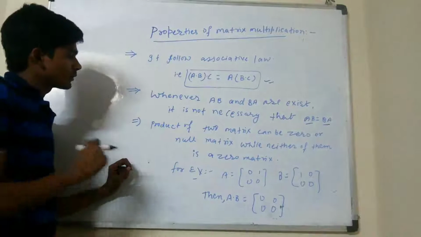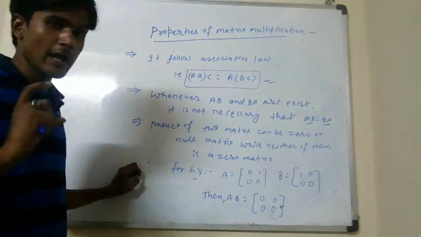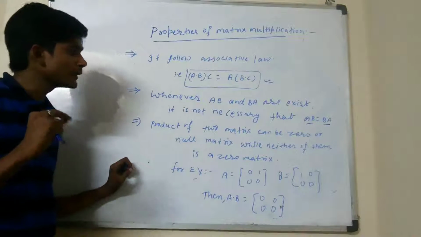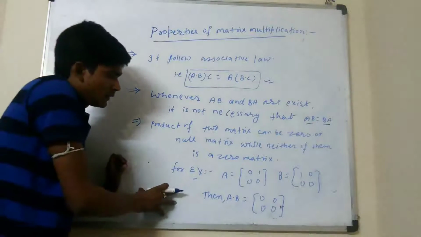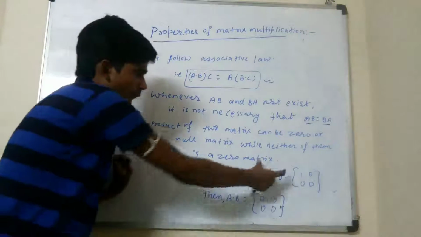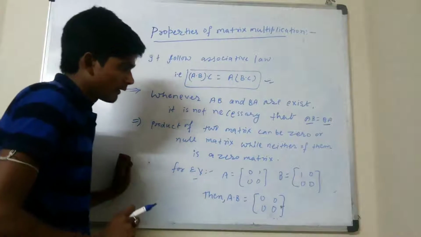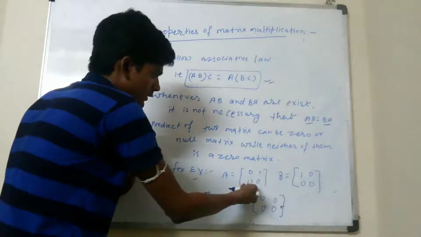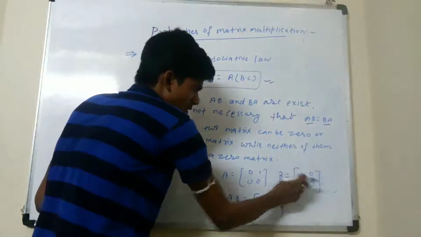Now the third one: the product of two matrices can be a zero or null matrix even if neither of them is a zero matrix. You can understand this from this example. A and B are two matrices; A has elements 0 1 0 0, and B is 1 0 0 0.